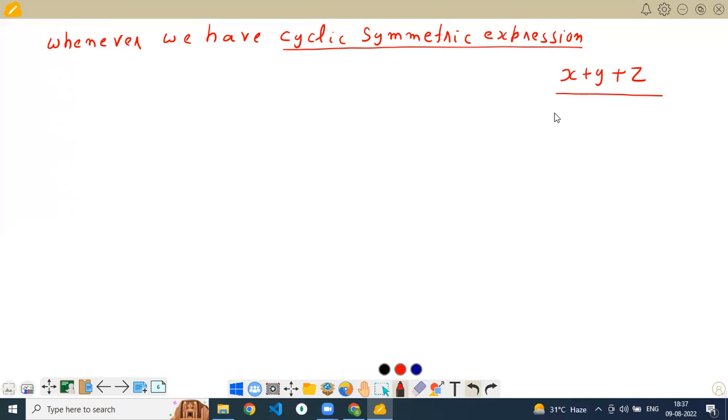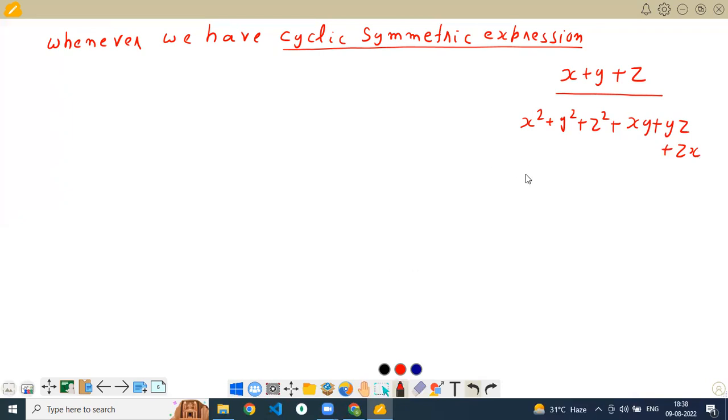If I write it as x square plus y square plus z square plus xy plus yz plus zx, again this is a cyclic expression. If you replace x by y, y by z, and z by x, then it remains unchanged.